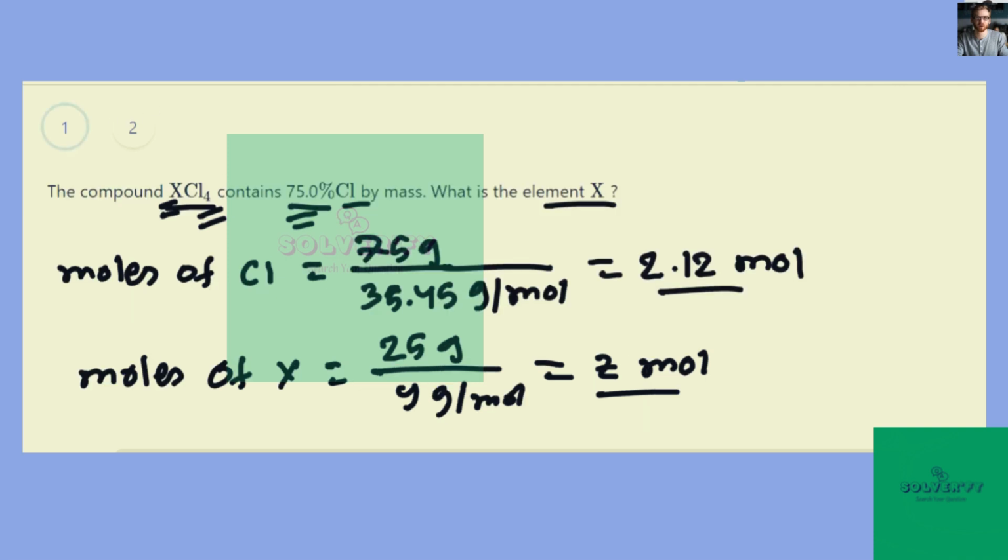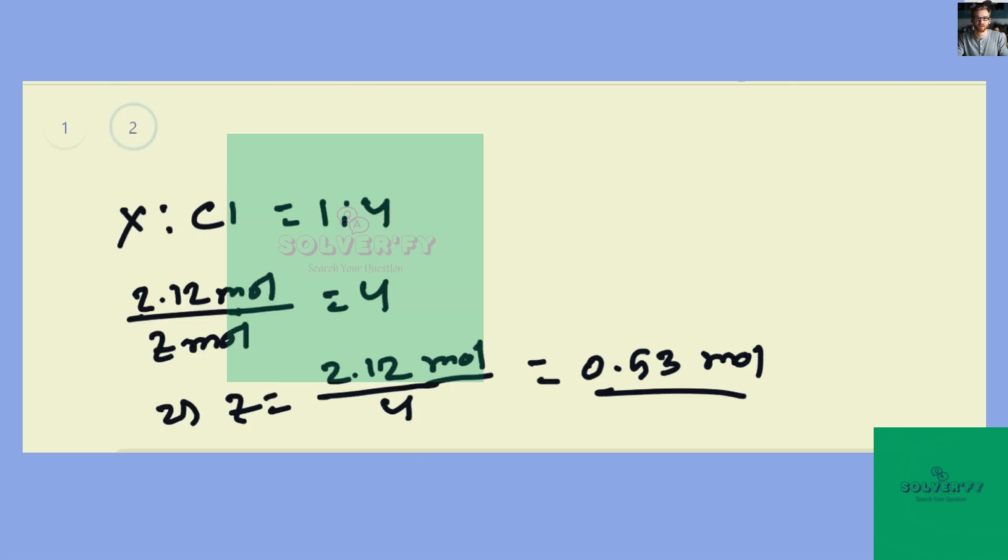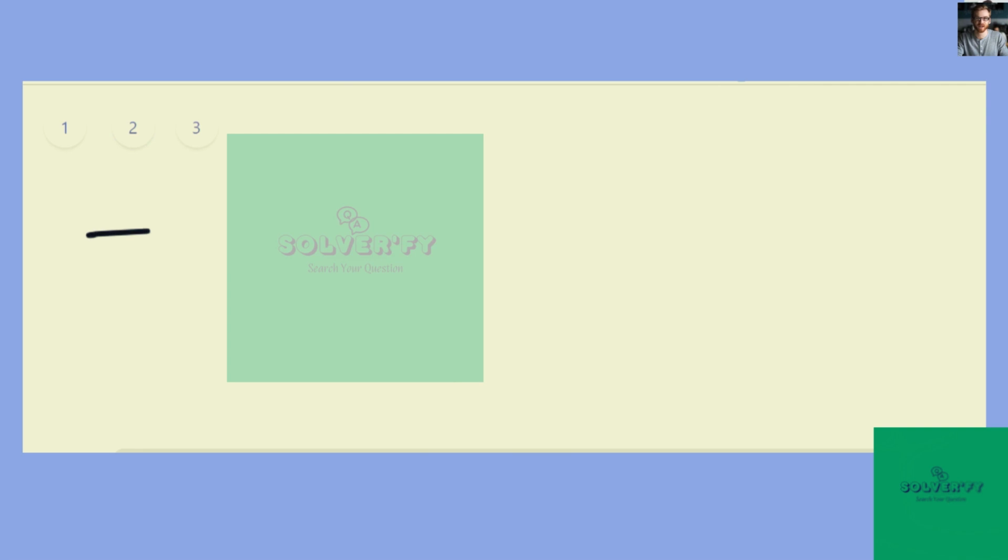And now just replacing Z by that value, we can find out the value of Y. That means 25 gram over Y gram per mole is the value of Z, which is 0.53 mole.